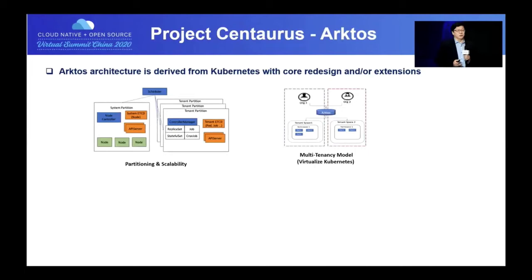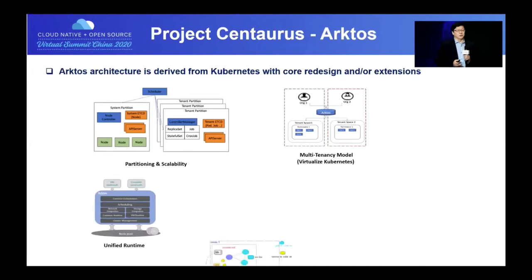Multi-tenancy. Arktos introduced true and hard multi-tenancy into Kubernetes and makes the platform a real multi-tenant platform. Unified runtime. Arktos unifies the VM and container runtimes into one, so that the platform manages VMs in the same way as it manages containers.